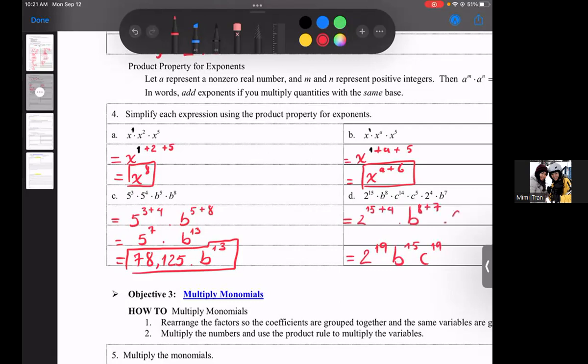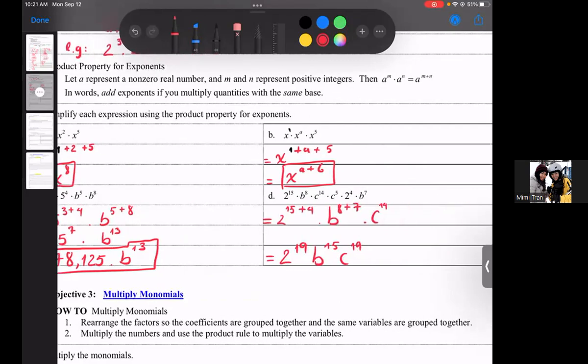And then C, 14 plus 5, 19. Okay, perfect. So one last step. 2 to the 19 is 524,288. And then B to the 15, C to the 19.